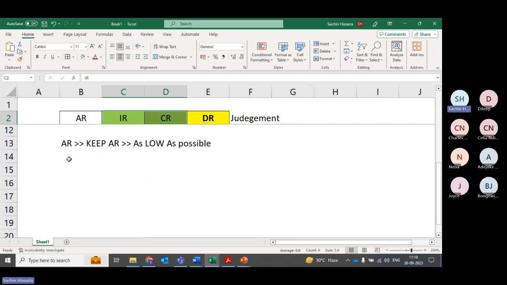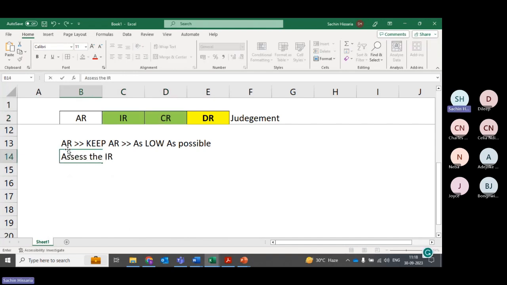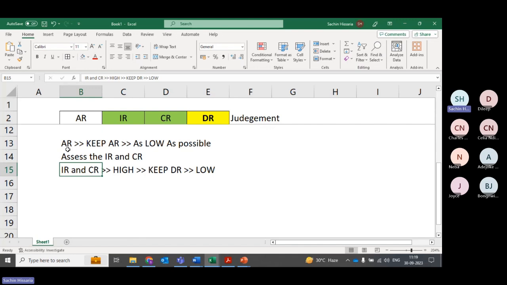If your IR and CR are high, then the auditor will keep the DR low. Why? So that you achieve your overall objective of keeping the audit risk low.